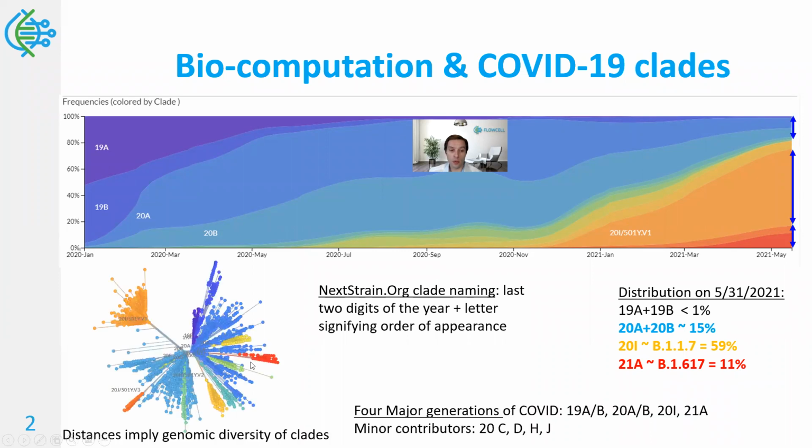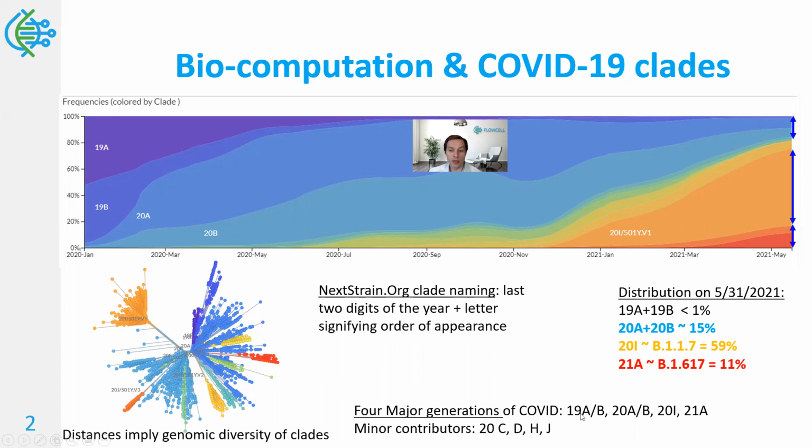So this is quite a bit of diversity. And the picture on the lower left here shows this diversity with this spacing indicating genomic distances. So you can see bunched up here the names of the groups, but some of them are more clearly visible. 20J, 20I, which is the strain dominant in North America and Europe, as I said, with its own subfragmentation.